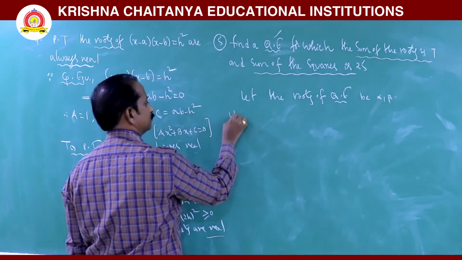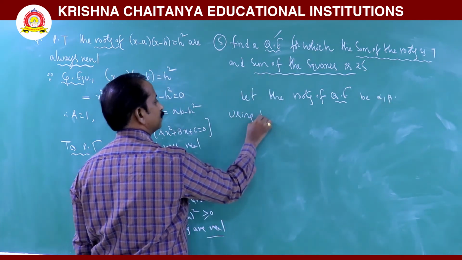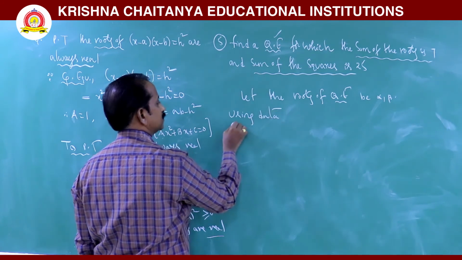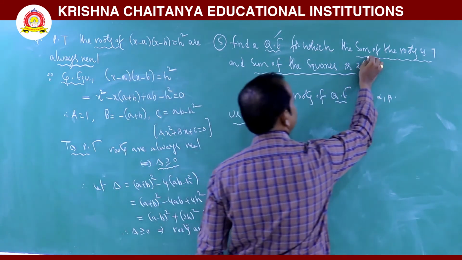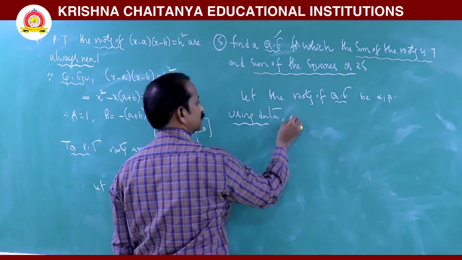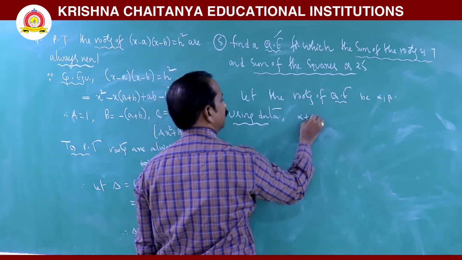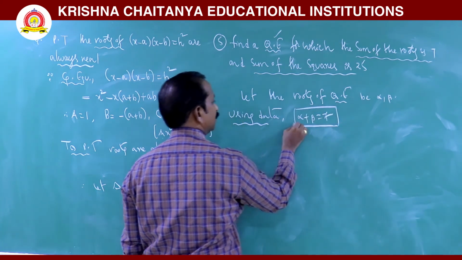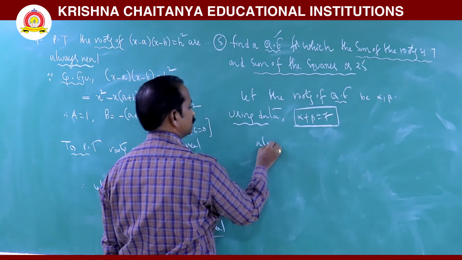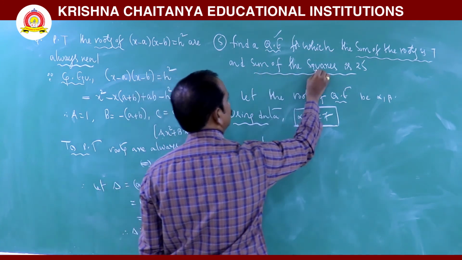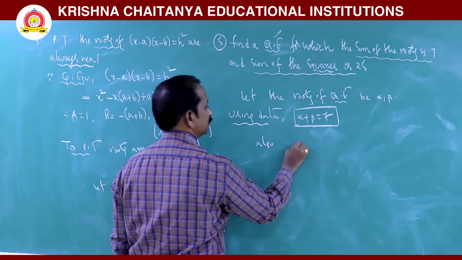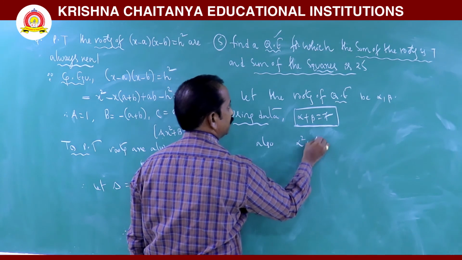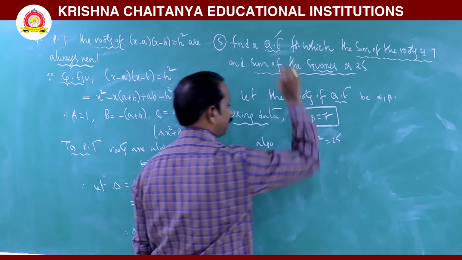Using the data, sum of the roots means alpha plus beta is equal to 7. This is one condition. And what else is given? Sum of squares means alpha square plus beta square is equal to 25.